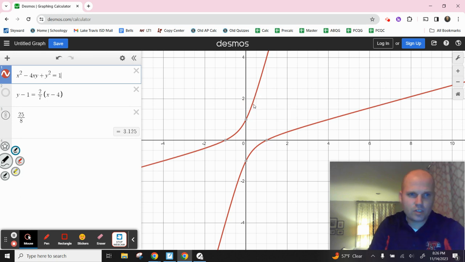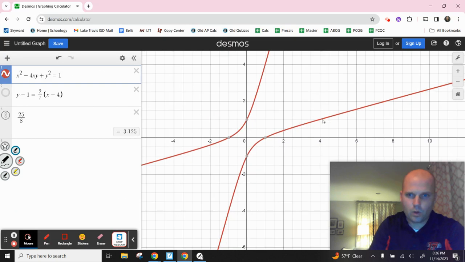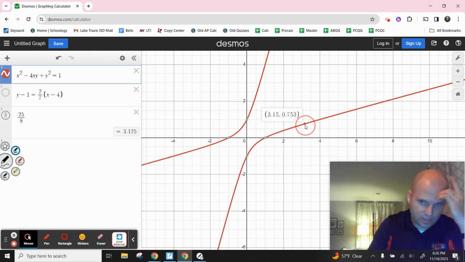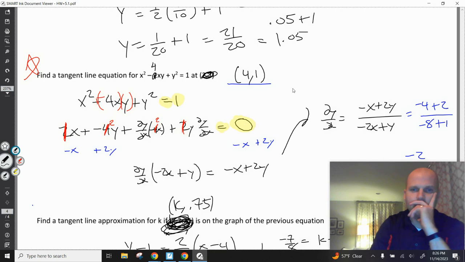We were focusing our attention at the 0.41, so we're probably talking about this y coordinate, 0.75. There you go. 3.15 versus 3.125. That's not bad at all. Not bad at all.